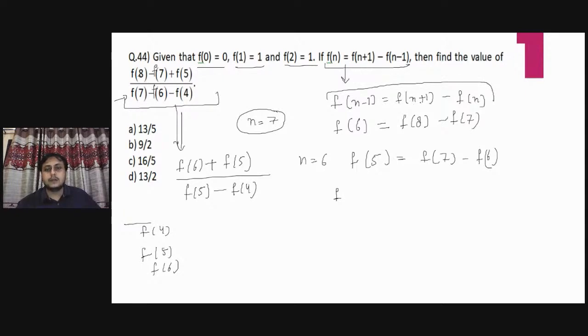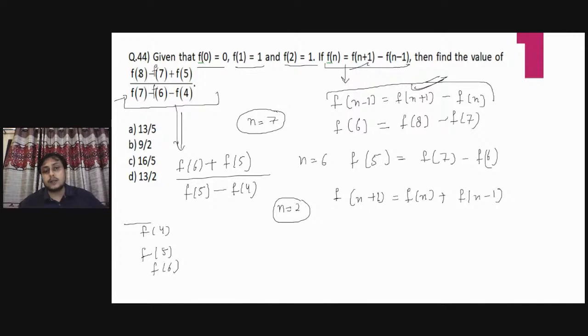f3 means n plus 1. So write this equation as f of n plus 1 equals fn plus fn minus 1. Because for f3, just put n equals to 2 here.